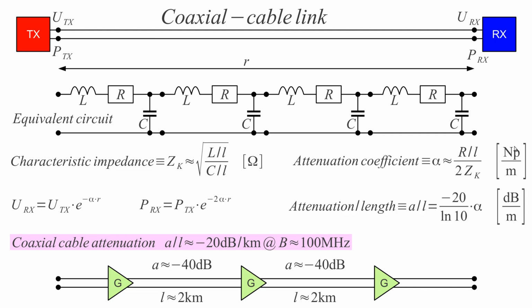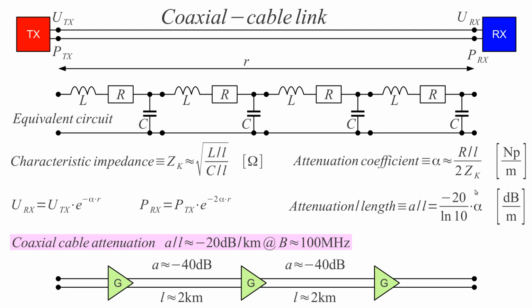Converting nepers per meter to decibels per meter uses this factor: 20 divided by the natural logarithm of 10. The 10 is for decibels, the 2 is for the square here, and the natural logarithm of 10 converts natural logarithm to decimal logarithm.